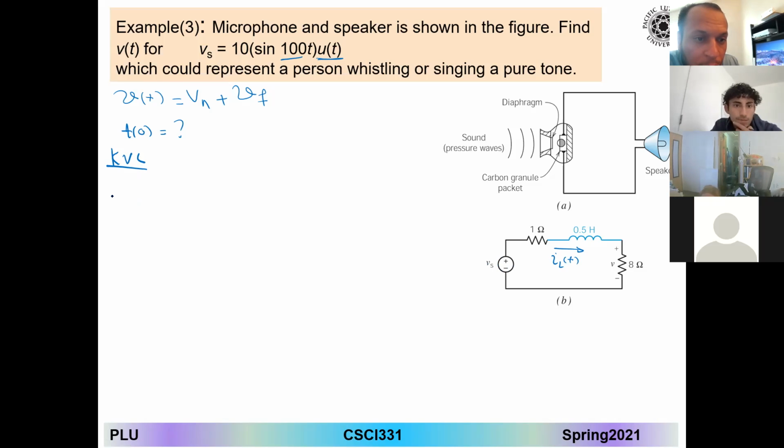Negative Vs, plus 1 ohm times IL. Let's call it I capital, guys, just to make it easy for me to write down. I equals IL of t. So don't confuse: if I type I, I mean the I of IL.